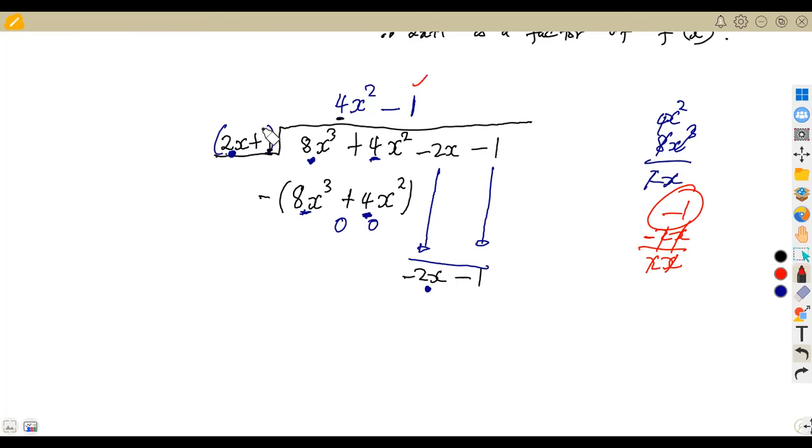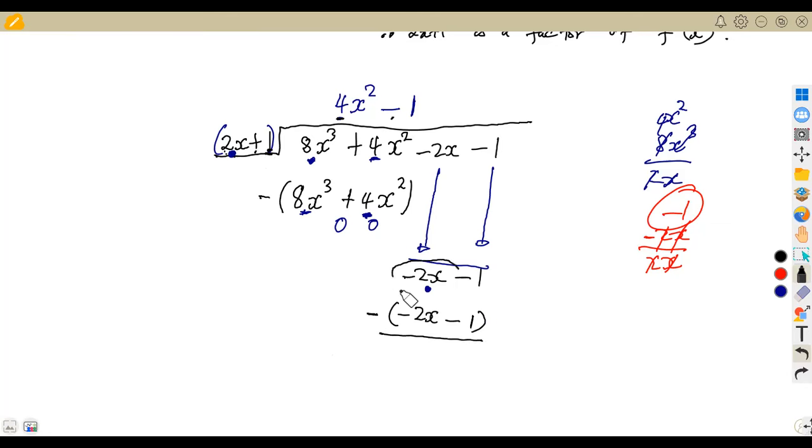Now -1 multiplies everything here: -1 times 2x is -2x, and -1 times +1 is -1.